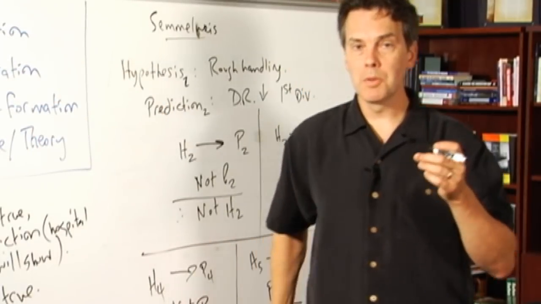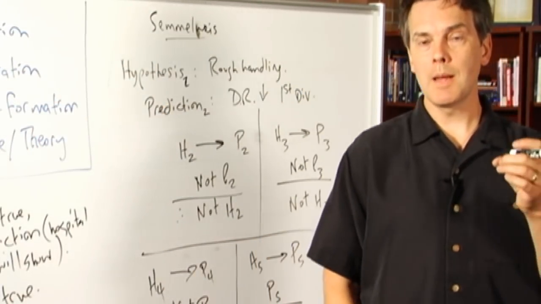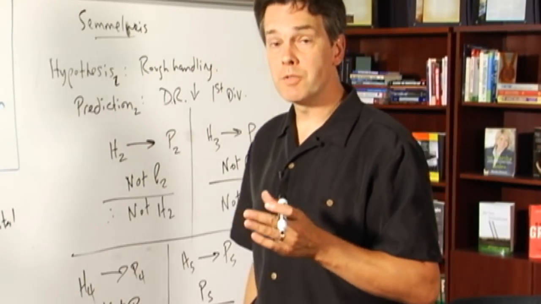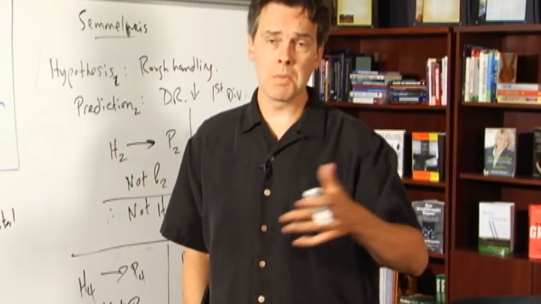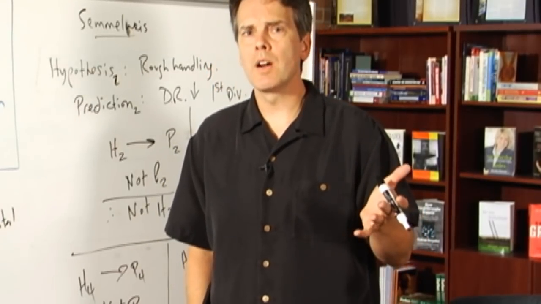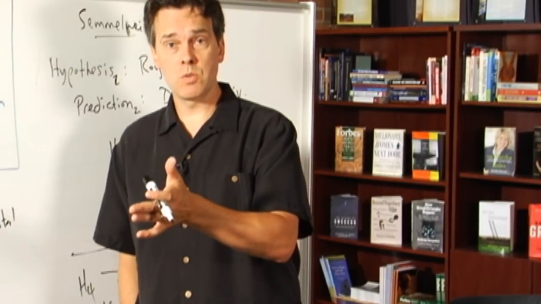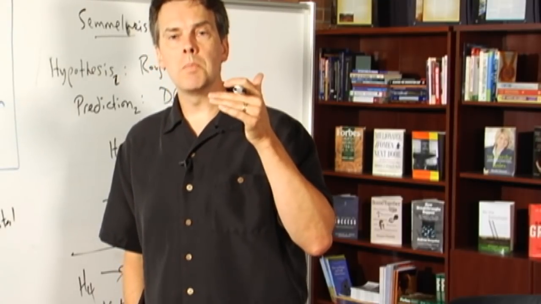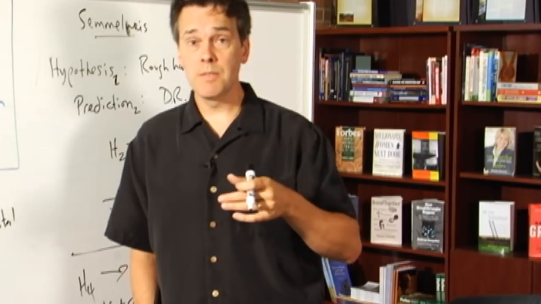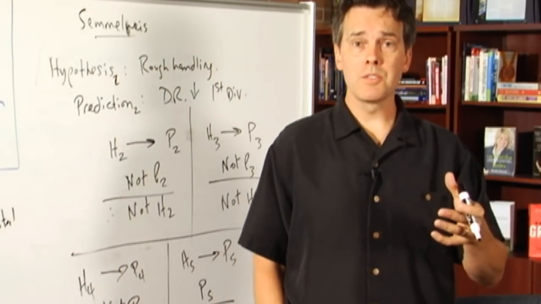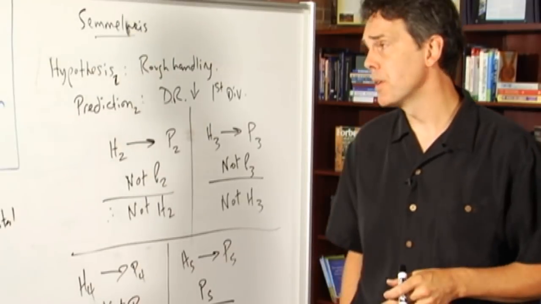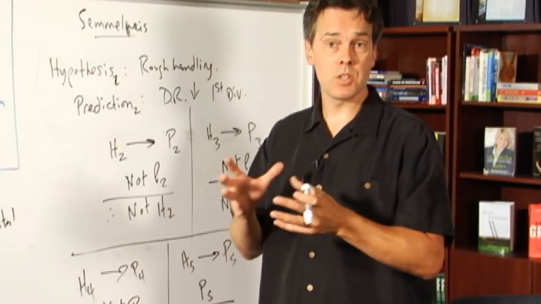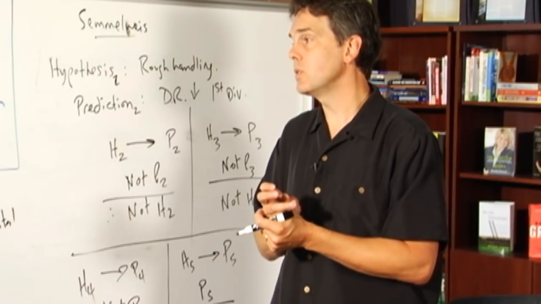For Semmelweis to be able to do what he did, to make that massive contribution to the stock of human knowledge, to move from that state of tragic ignorance where women are dying and nobody has a clue why they are dying, to a state of knowledge where we know why the women are dying, we know what to do about that, and so that women then, as a result, more often live and are then able to enjoy their lives, and their children don't have to grow up without their mother. That is an amazing cognitive achievement, and it's an amazing contribution to human values in this case here.